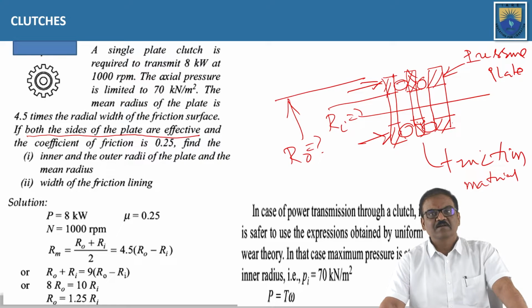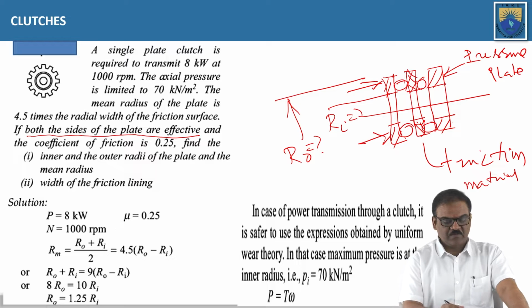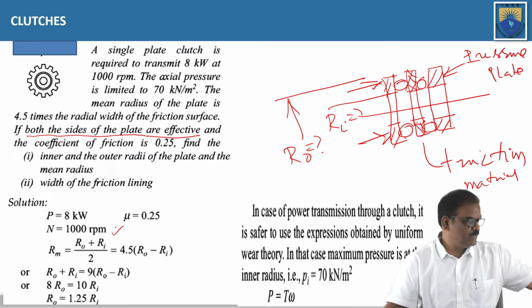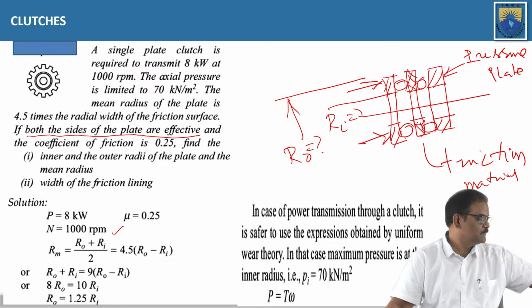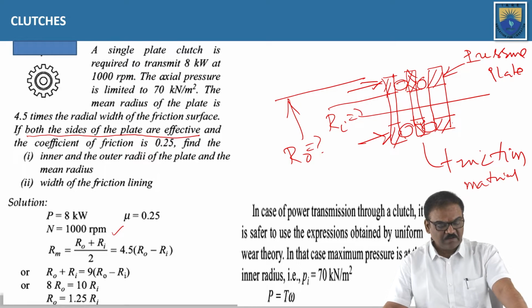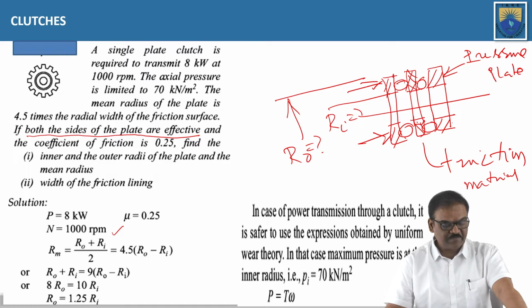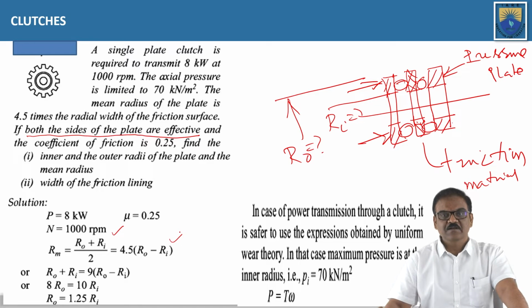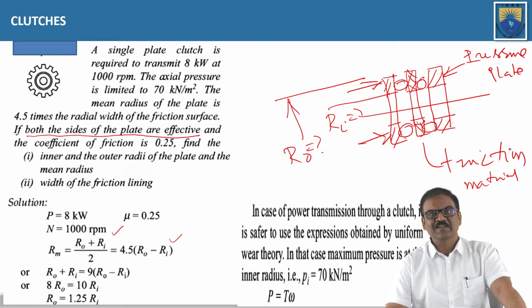So, given that power is equal to 8 kilowatts, coefficient of friction is equal to 0.25, and N is equal to 1000 rpm. The relation given to us is that the mean radius, (R outer plus R internal) by 2, is 4.5 times the difference between the outer and the inner radius.